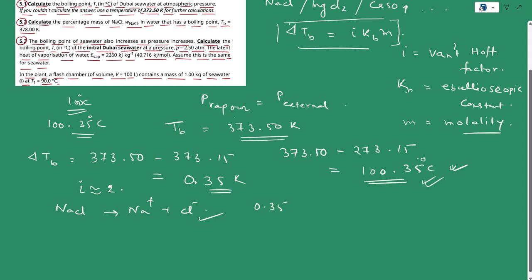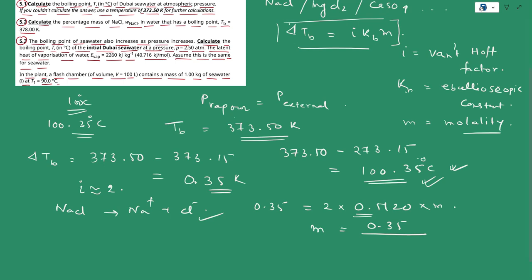So 0.35 is equal to 2 into 0.5120 into m, so m will be 0.35 by, yes, 2 into this is basically 1.024. So m will be 0.35 by 1.024, and this is near about 0.342.